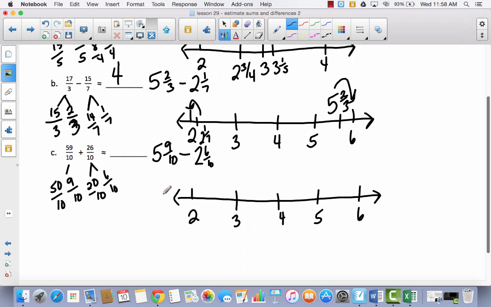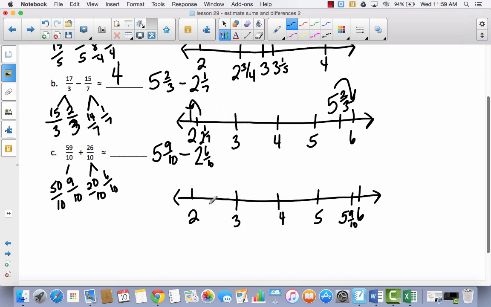All right, so hopefully you discovered that 5 and 9 tenths comes between 5 and 6, and it would be way down here, because if I divided this into 10 parts and I counted over 1 tenth, 2 tenths, 3 tenths, 4 tenths, 5 tenths, 6 tenths, 7 tenths, 8 tenths, 9 tenths, I would finally get way over here. And then 2 and 6 tenths is going to come between 2 and 3.